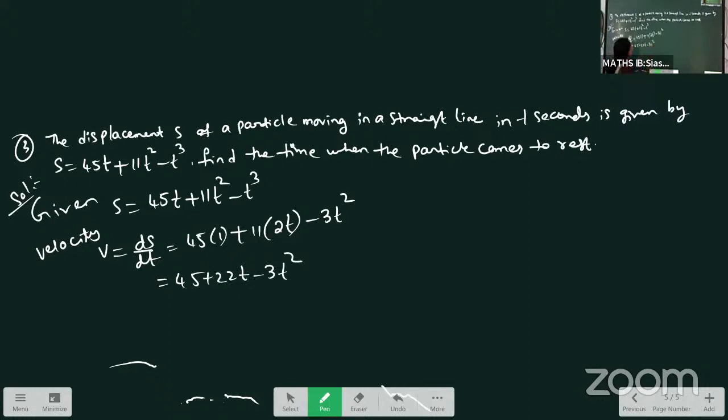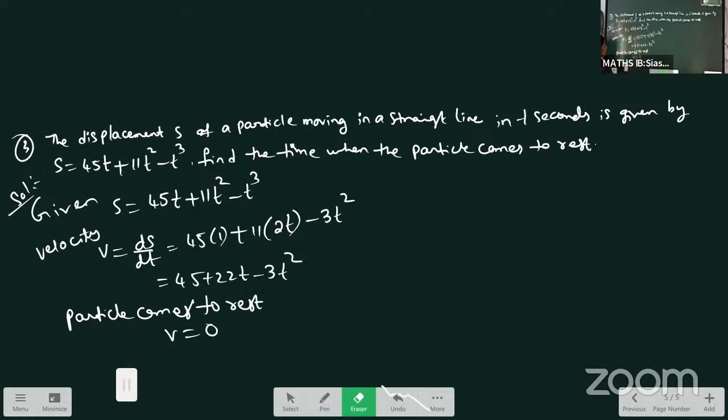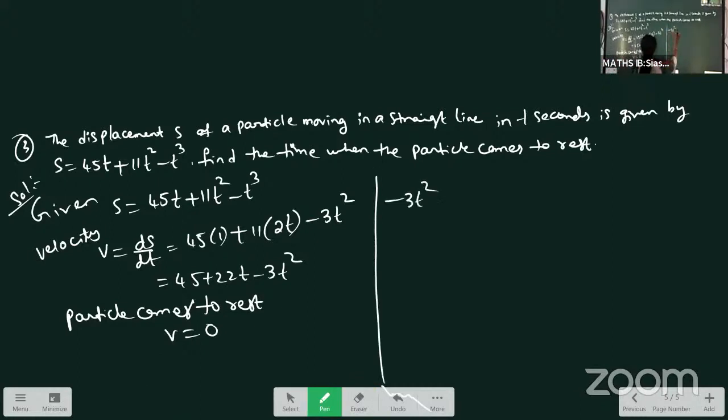Now, when particle comes to rest, v is equal to 0. So when v is equal to 0, what is the time he is asking? Write in the proper order: minus 3t square plus 22t plus 45 is equal to 0.